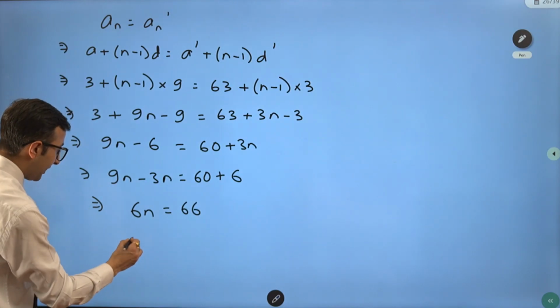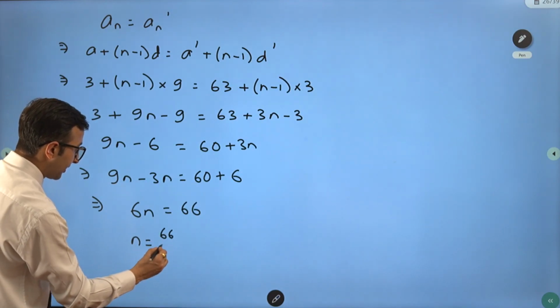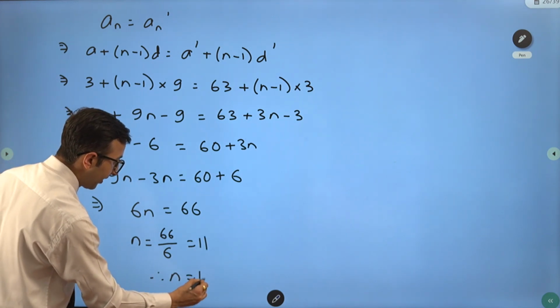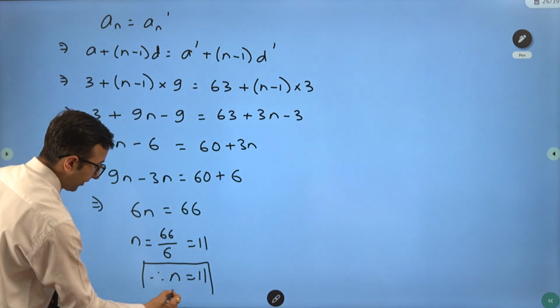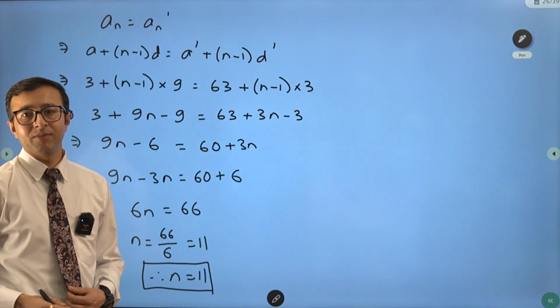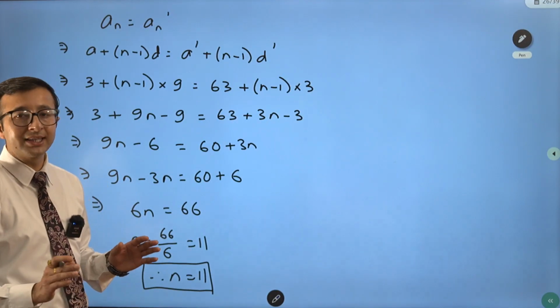So what is the value of n? n is equal to 66 by 6, which is 11. Therefore, the value of n is 11. What does it mean? These two APs have the same term when the value of n is 11.